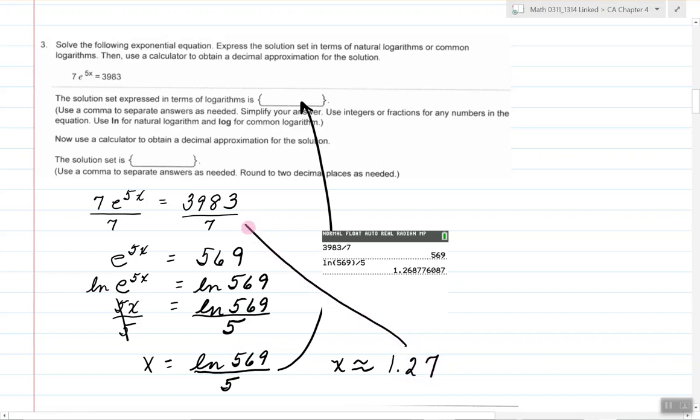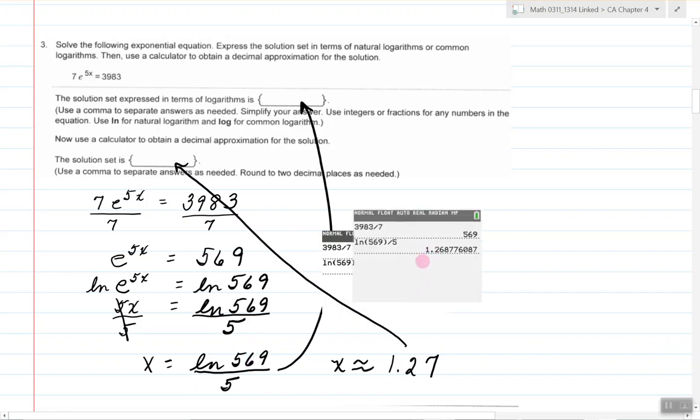And this is my second answer. So one of them I left in terms of logarithms, the other one I put in the calculator.